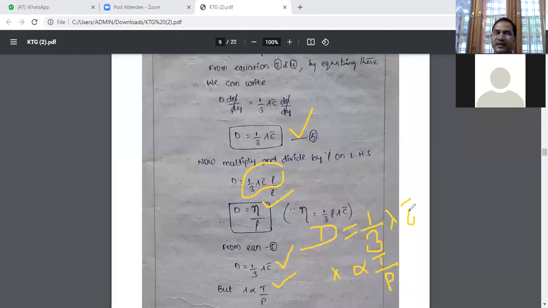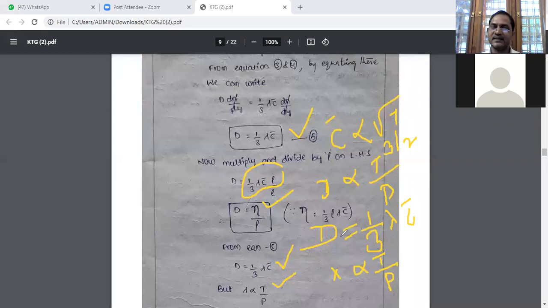The average C bar is directly proportional to root T. So D is directly proportional to lambda, and lambda is proportional to T, C bar proportional to root T. By combining T and root T, we get T power 3 by 2 by the pressure P. Have you followed?